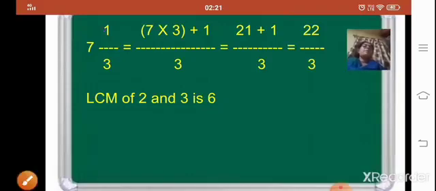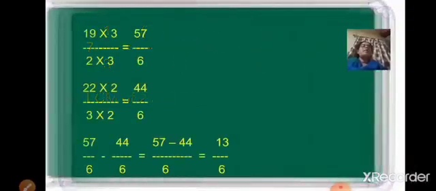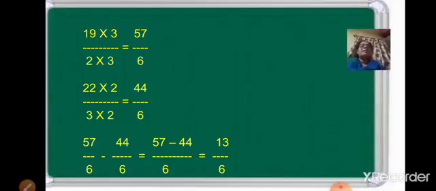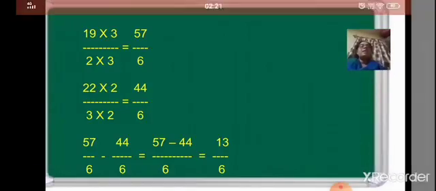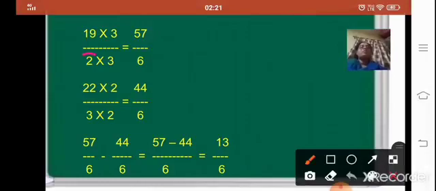So the next step is you have to make the denominator same. Okay. So to make the denominator same, you will multiply this 19 upon 2. When you multiply this 2, which number if you multiply you will get 6, that is 3. So numerator also you will multiply it by 3. 19 3s are 57 upon 6.